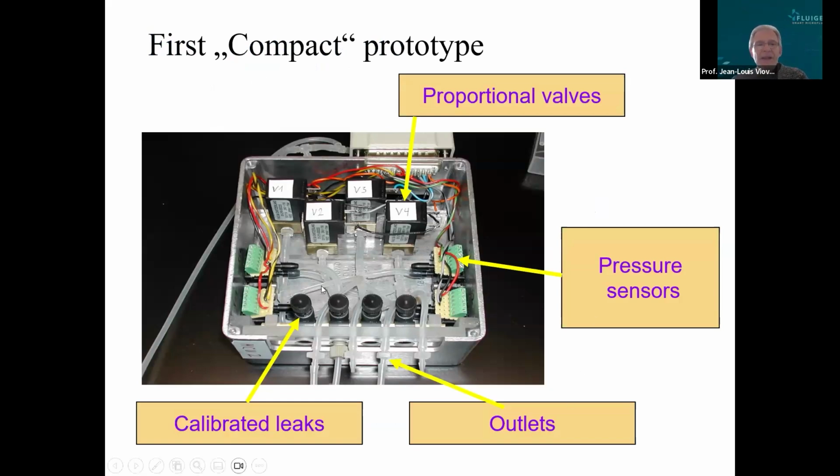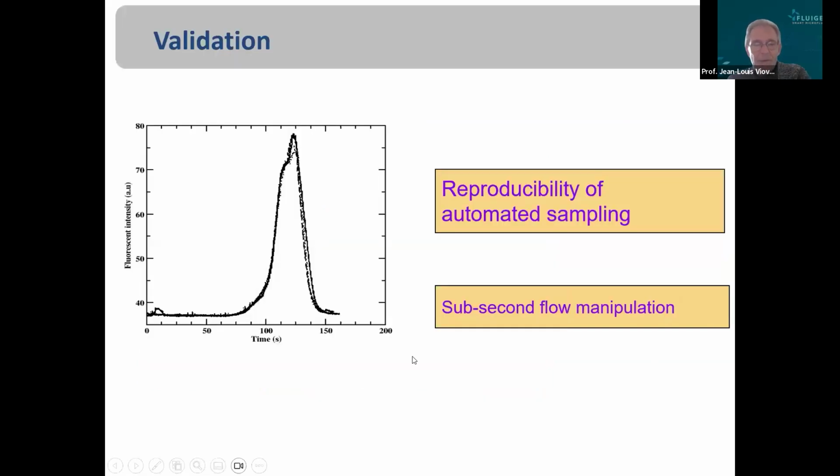And you see here what our first prototypes were, of course in a much less miniaturized way than in current Fluigent systems, with valves, pressure sensors, and calibrated leaks, which play the role of external sources in divider bridges and allow to rapidly evacuate the extra volumes.